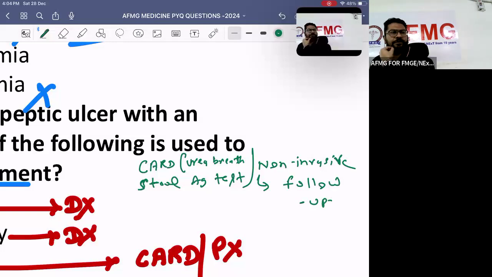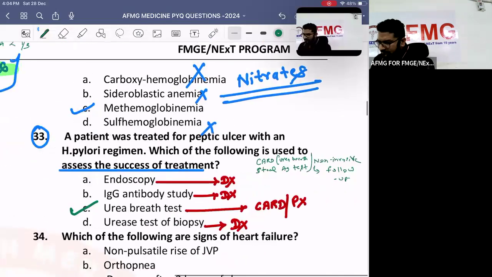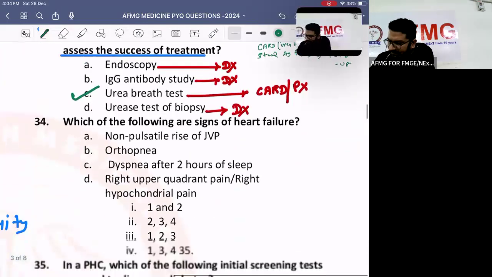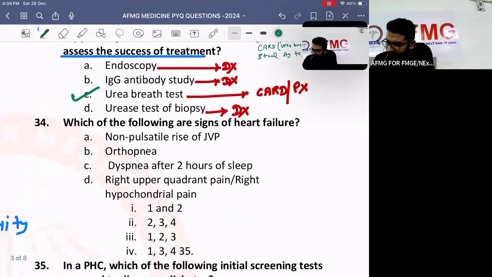What will you do for follow-up? This test. Okay, try to answer the next one.